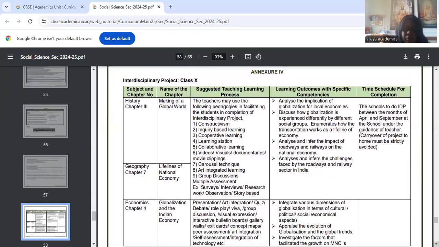Now, these are the guidelines given for the interdisciplinary project. History, chapter number 3, Making of a Global World. Next is Geography 7, Lifelines of National Economy. Economics 4, Globalization and the Indian Economy.